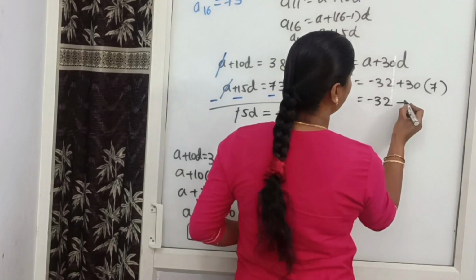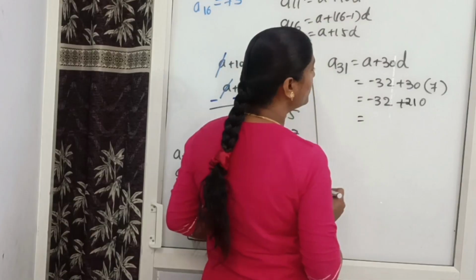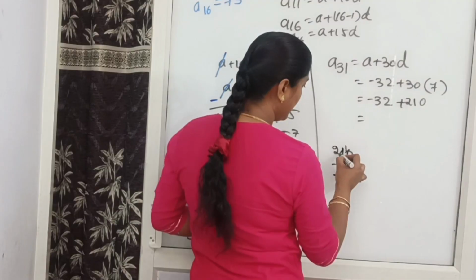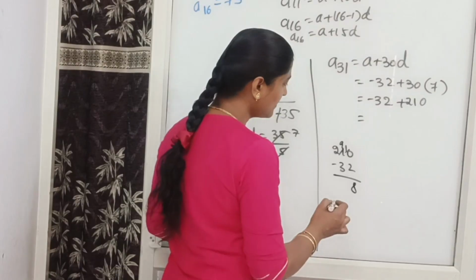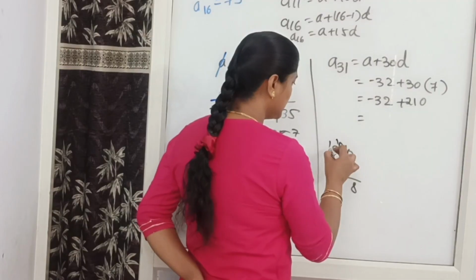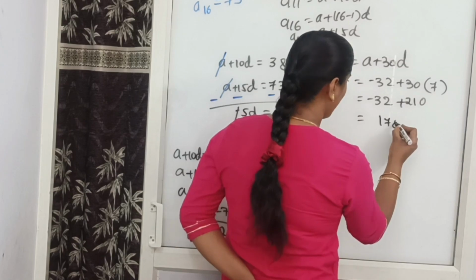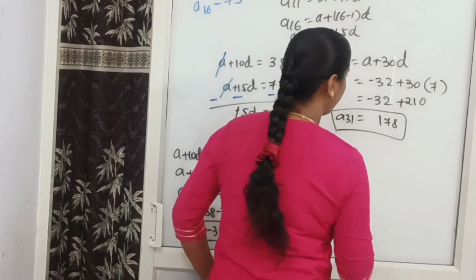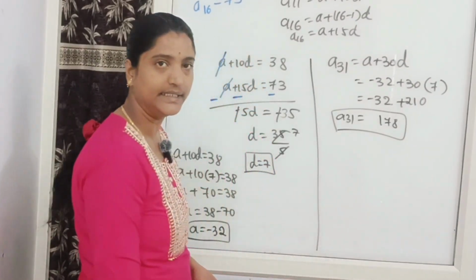Minus 32 plus 7 into 30, 7 3s are 21, so 210 minus 32. That gives 178. The 31st term is 178.